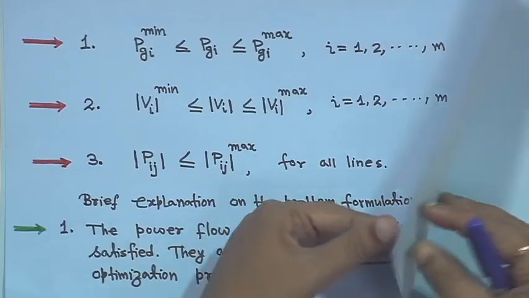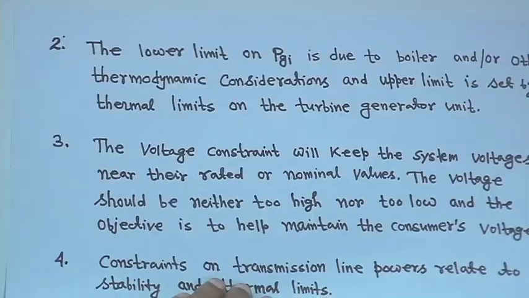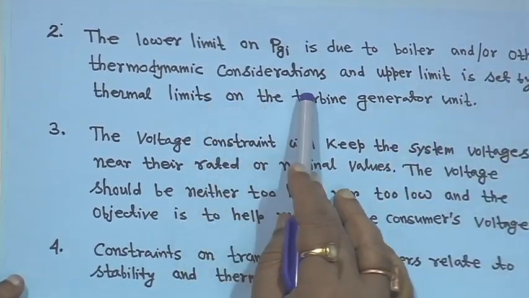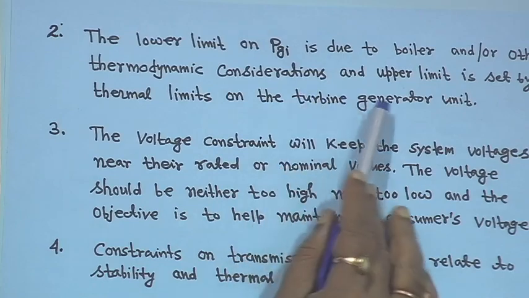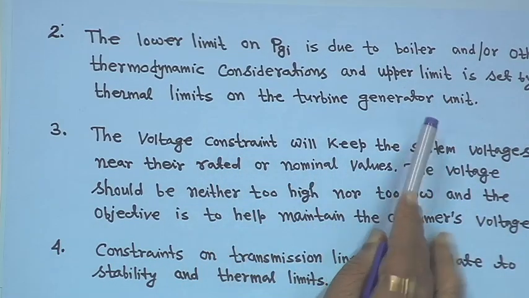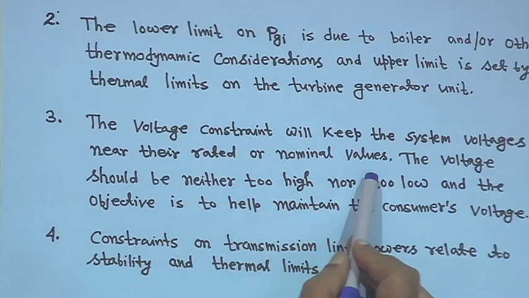The second one is that the lower limit on PGi is due to boiler and other thermodynamic considerations, and the upper limit is set by thermal limits on the turbine generating units. The voltage constraint will keep the system voltages near the rated or nominal values.